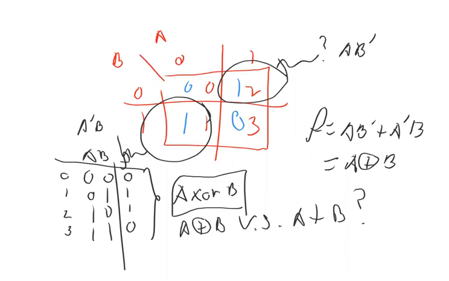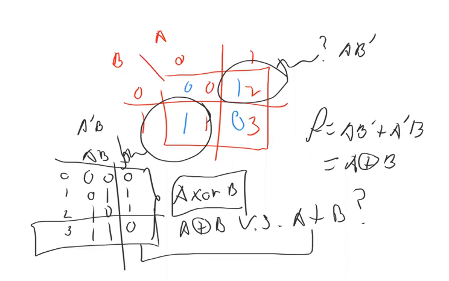Yeah, in other words, it's this row right in here. Inclusive OR includes the case where both are 1. Exclusive OR excludes the case when both are 1 and makes it so that the output is equal to 0. So that's why it's called exclusive OR.